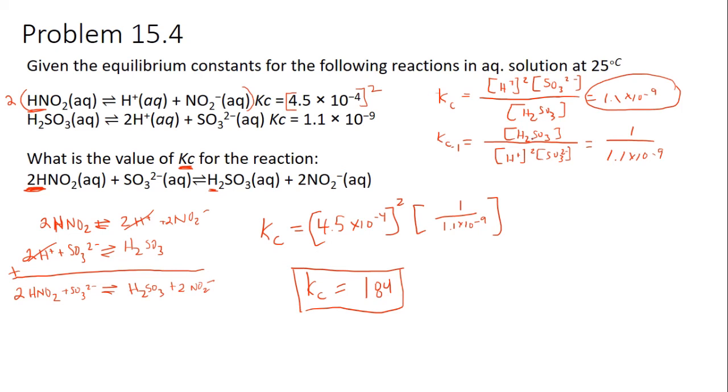We flip the reaction, we flip the equilibrium expression, so basically 1 over the equilibrium constant we had before. And then the equilibrium expression for the total reaction is the product of both of those. So we therefore just multiplied those two together to get the final equilibrium constant for this reaction of approximately 184.